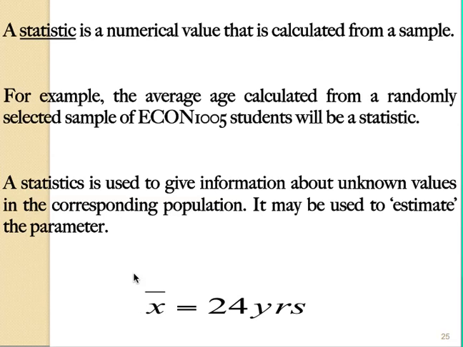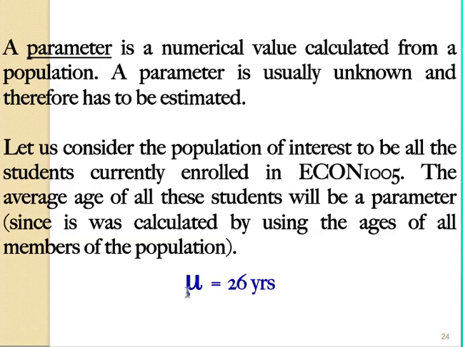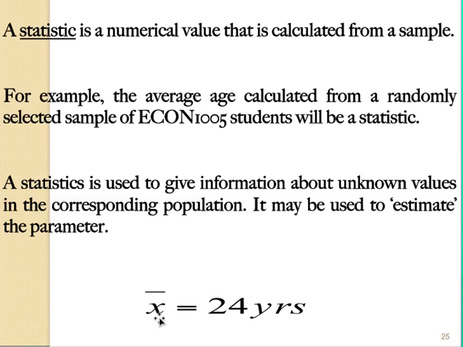Now it's the average or mean again that we calculated, but notice the symbol here is a little different than the previous one. This is X bar to indicate sample mean. So while mu was used to indicate population mean, we have X bar to indicate sample mean. Now, the statistic may be used to estimate the parameter.